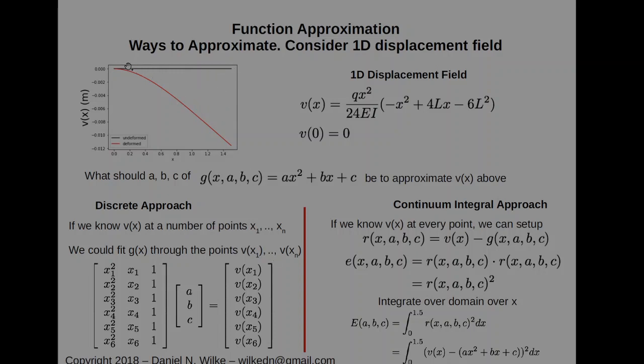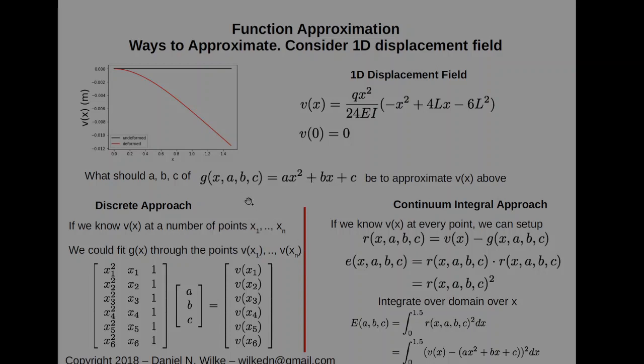Then I can say, fantastic. This allows me to plug in the value for x1, and I know what the displacement is. This then must be equal to v of x1. Plug in the next value for x2, the second coordinate. So this x1, xn is not a dimensionality thing of x. They're all 1D. These x's are just a number. So if I put in x2, it's then a x2 squared plus b x2 plus c.